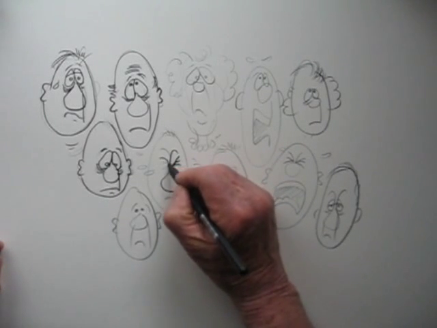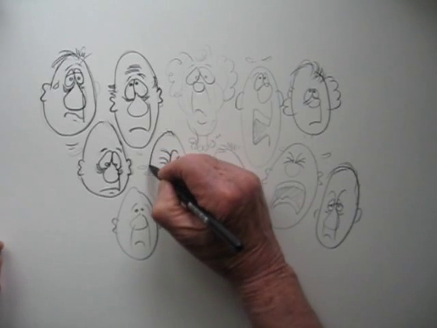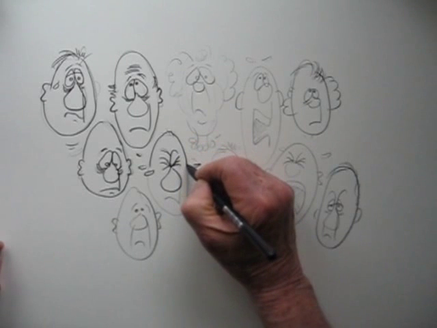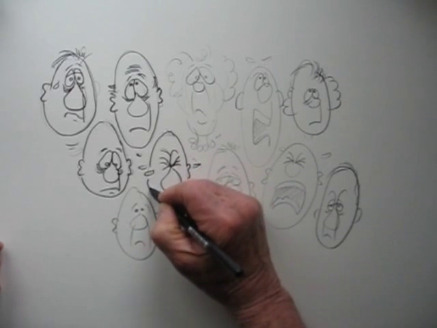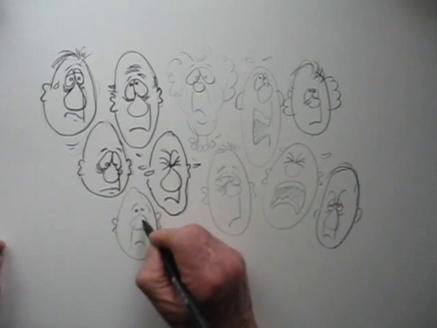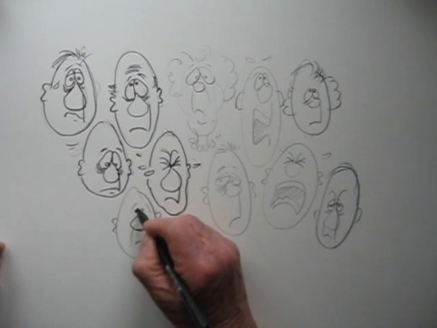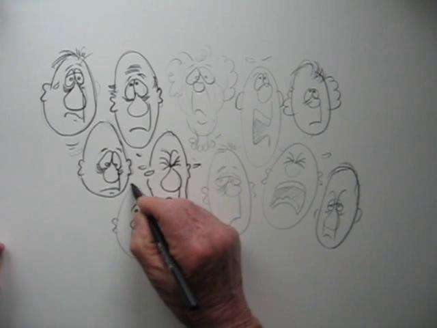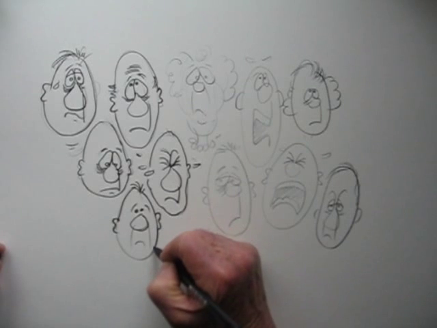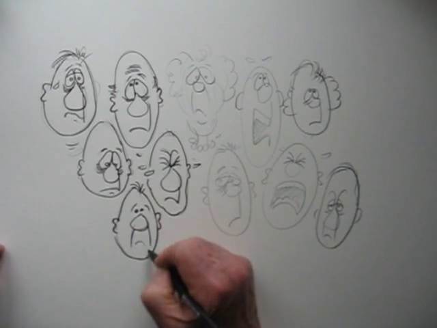And same with this one. I've got his eyes shut, a couple of tears coming through, which you're beginning to see how the position of the mouth is the important one, all with the slightly downturned, looking sad.